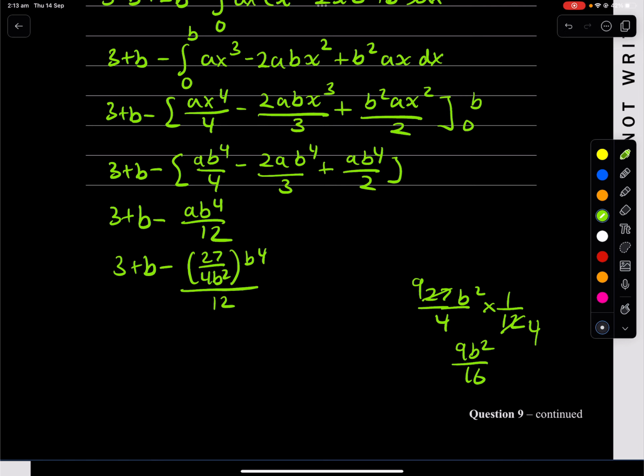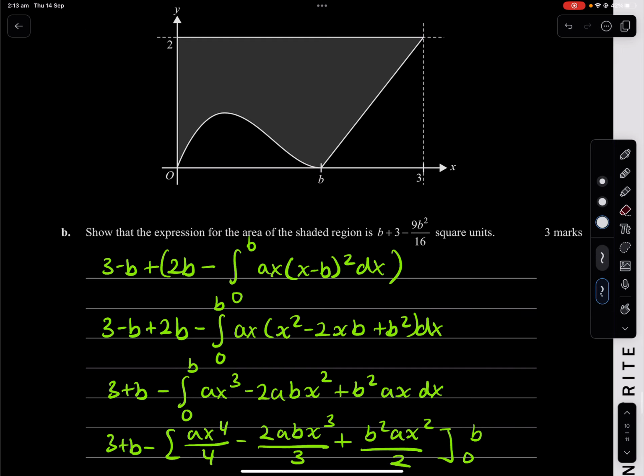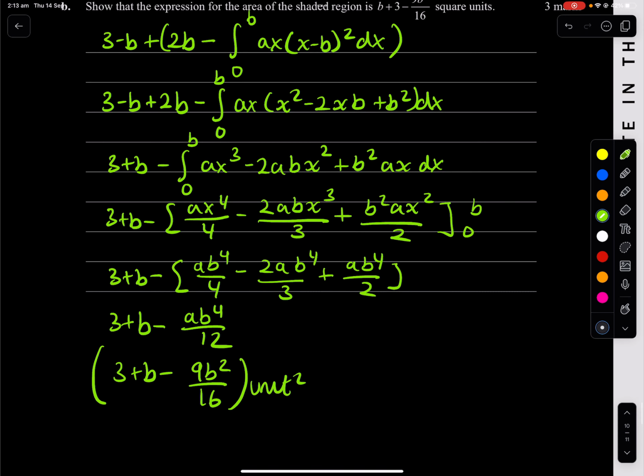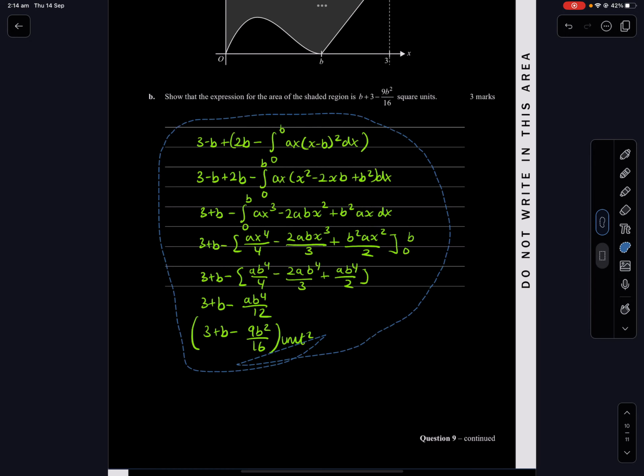So this here can be written as 9b squared over 16, and I think it's the same as the expression on top. Yeah, perfect. So this is your answer, units squared. Done. Perfect.